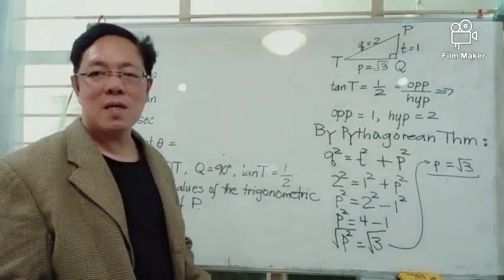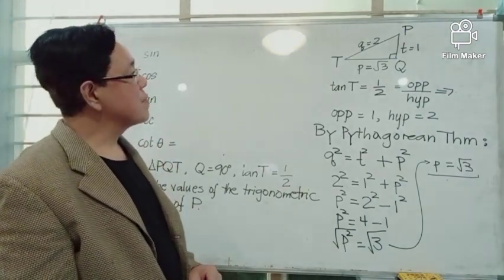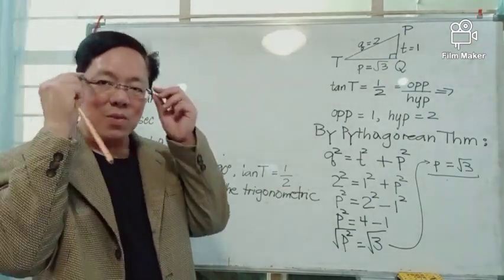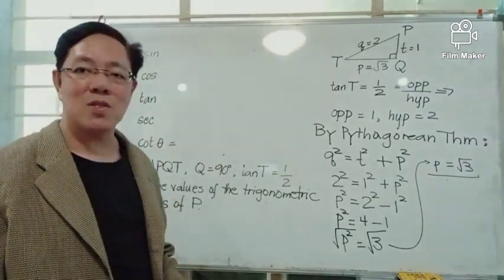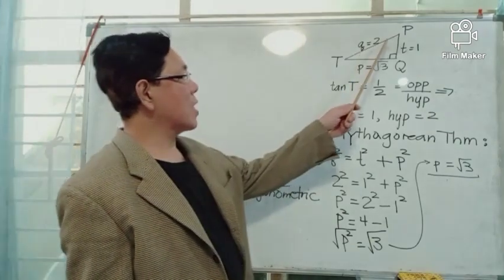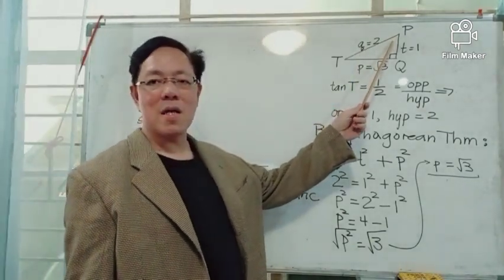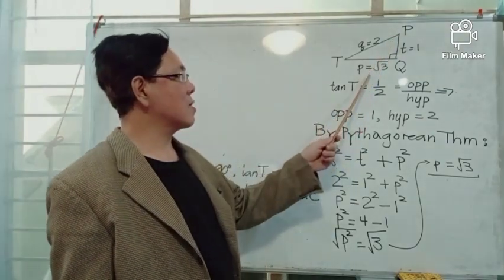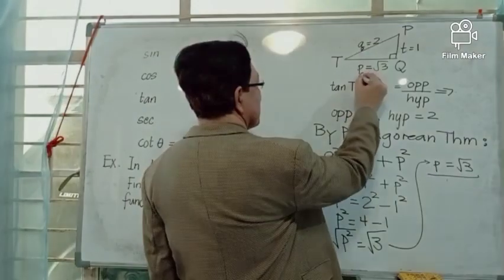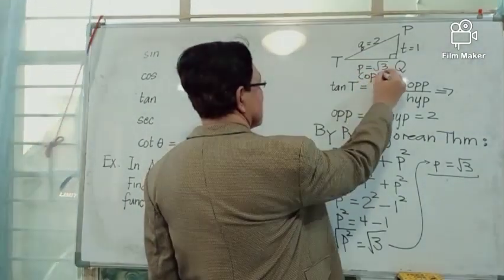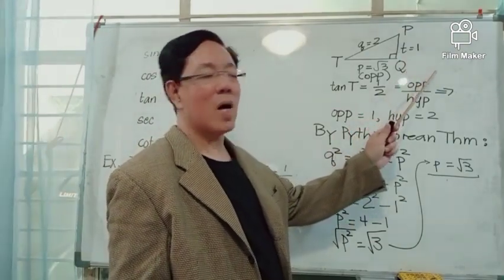Now we have identified the sides of this right triangle. We can now find the 6 trigonometric functions of the acute angle P. If we are considering the acute angle P, the opposite side will be square root of 3, and the adjacent side will be 1 unit.